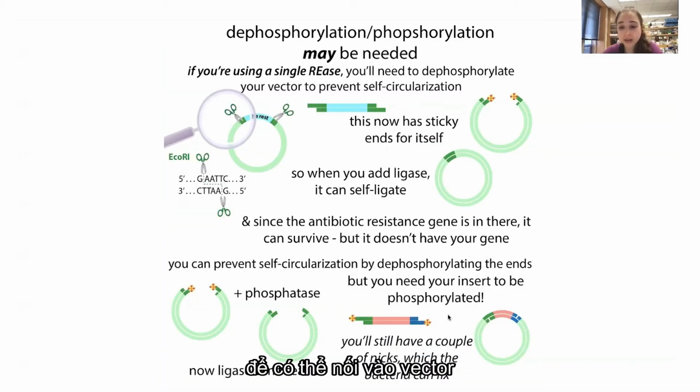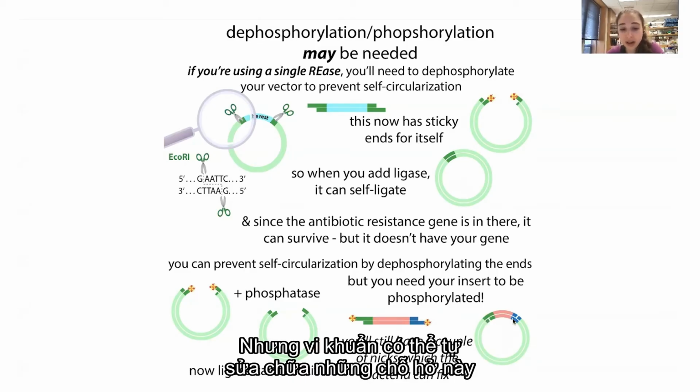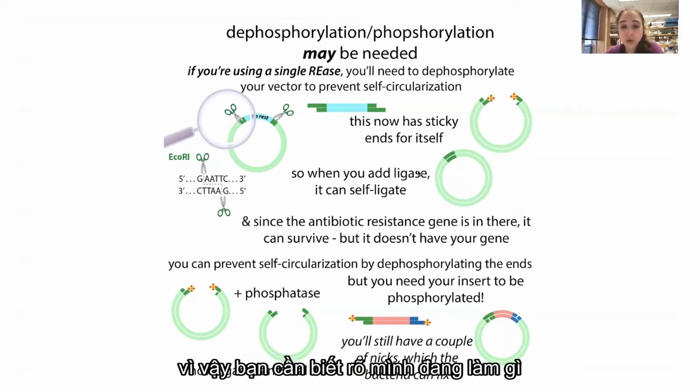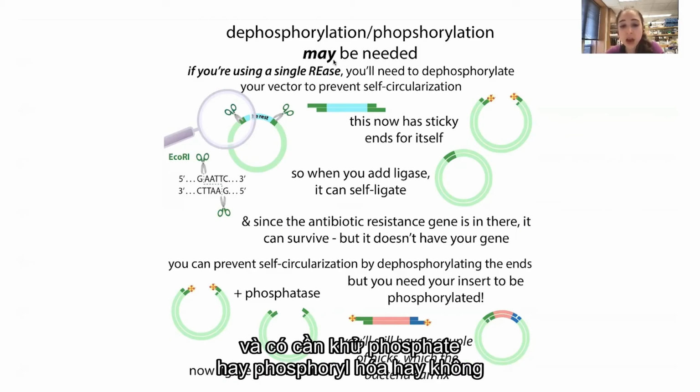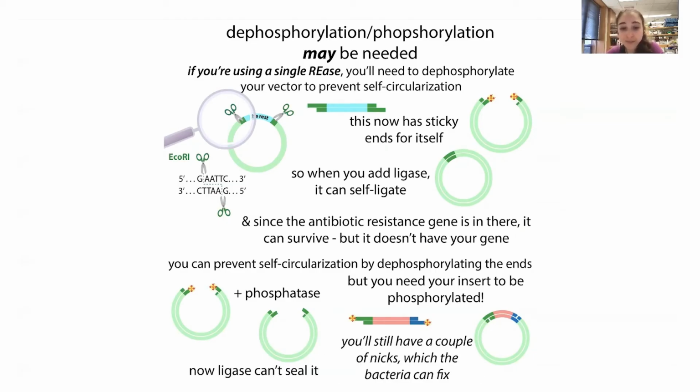But you need your insert to be phosphorylated. Although you add the ligase, you're still going to have a couple of nicks, but the bacteria can then fix them. So just know what you're dealing with and whether or not you are going to need to do the dephosphorylation or phosphorylation.